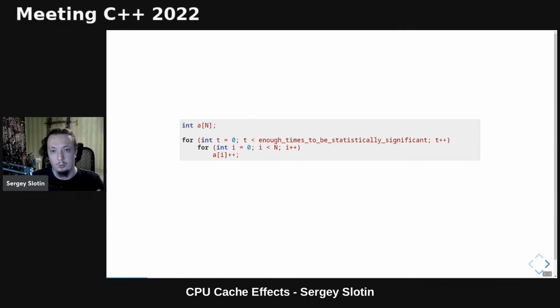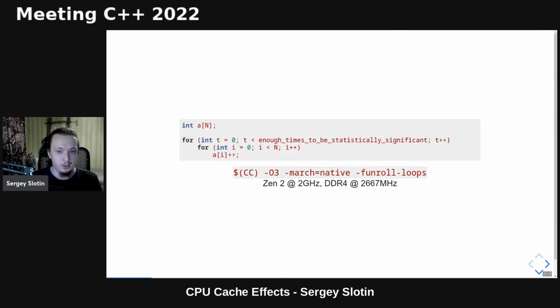To measure it, we can write a little program where we create an array and iterate over it, incrementing its values. We time the whole thing and run this loop many times to mitigate cold start effects and to make measurements more precise.